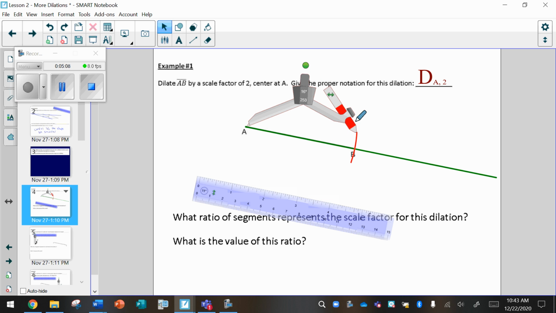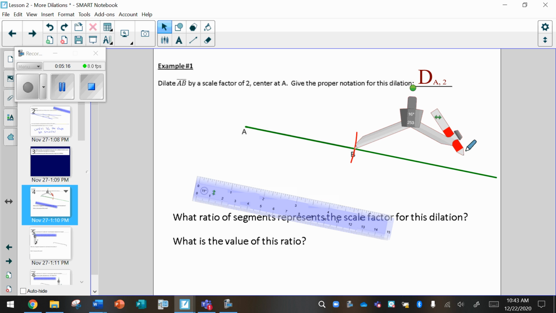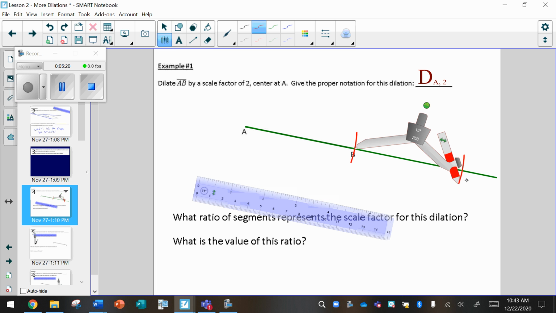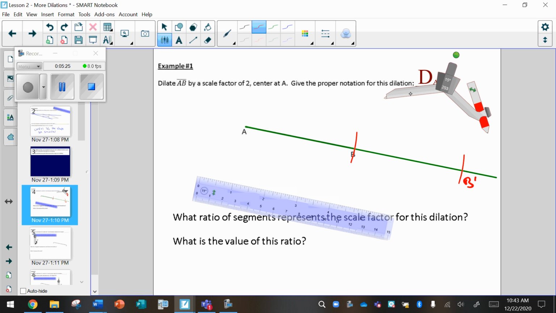That is considered 1. So if it was a dilation of 1, it would be the same segment. B wouldn't move, but that is 1, and we're doing a scale factor of 2, so I'm going to take my compass and do a second mark, and now I know where B prime is, and now AB prime is twice as long as AB, scale factor of 2 complete.